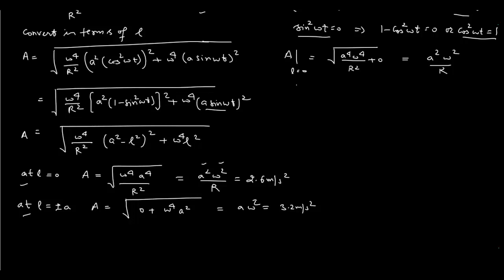And for L equal to plus minus A, this means sine of omega t is equal to plus minus 1. Clear?